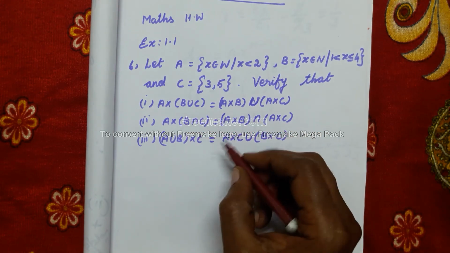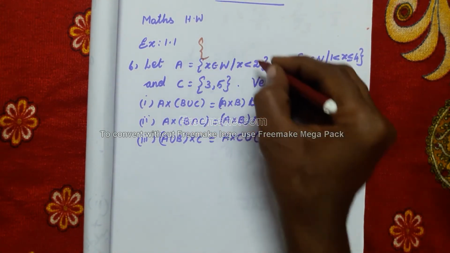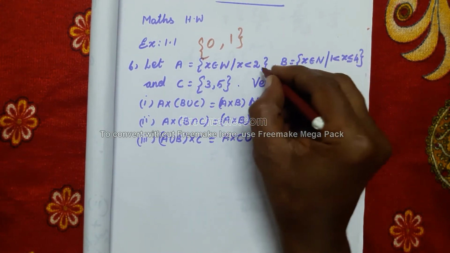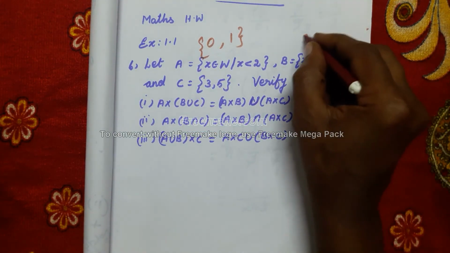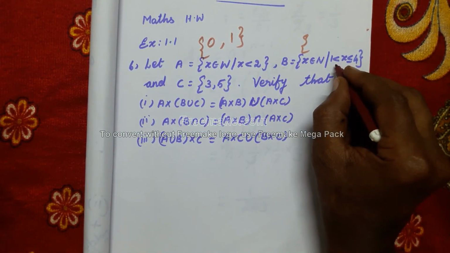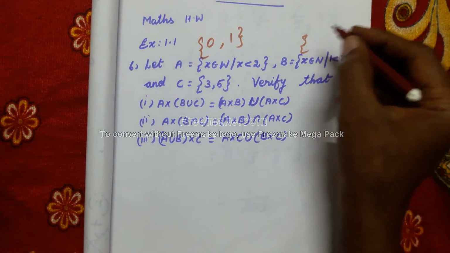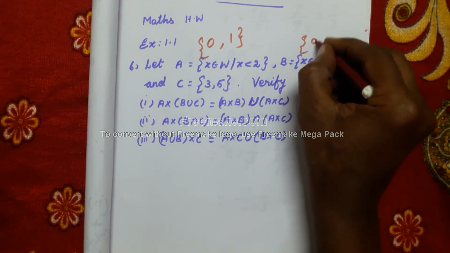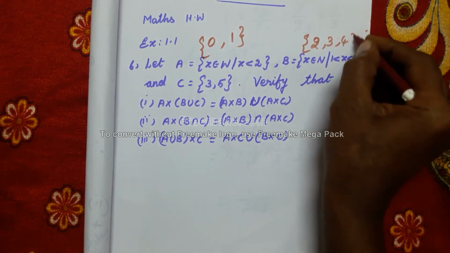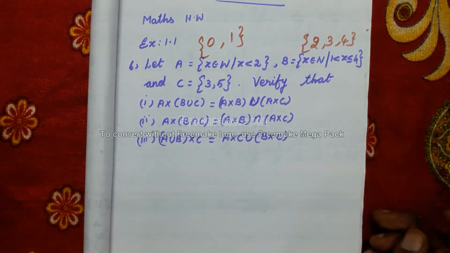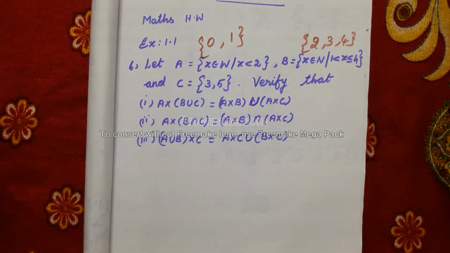Verify that. These three also we have to verify. Here what is A? x less than 2 means 0, 1. Here natural numbers 1 less than x less than or equal to 4, so 2, 3, 4. Next C is given. Can you do this? Okay, thank you students.